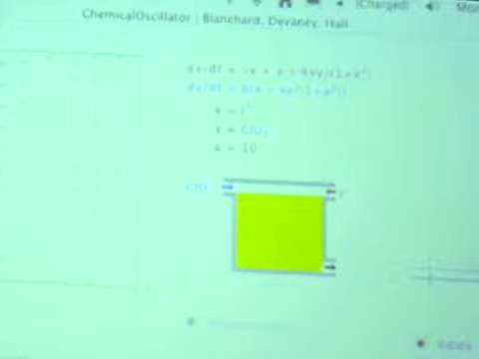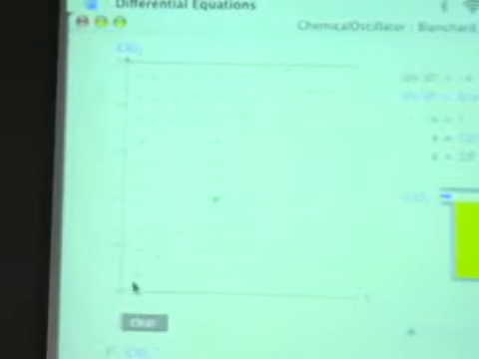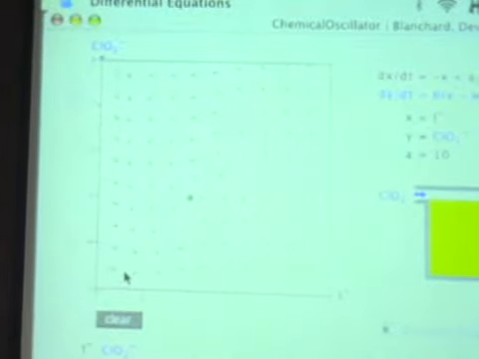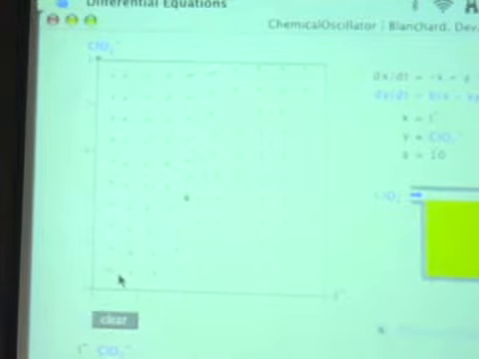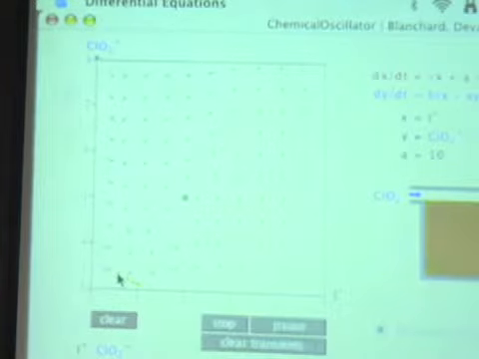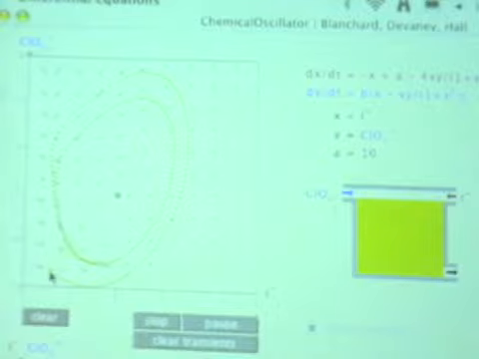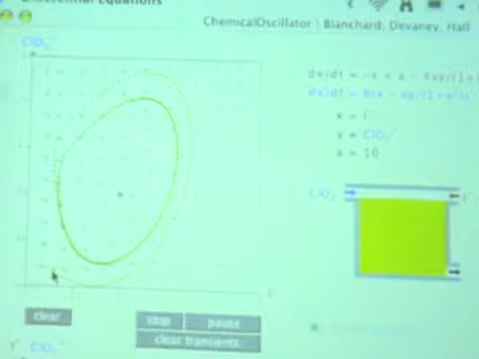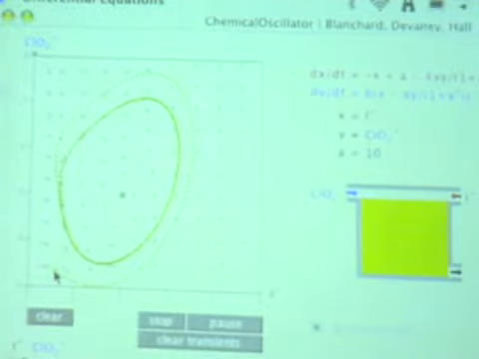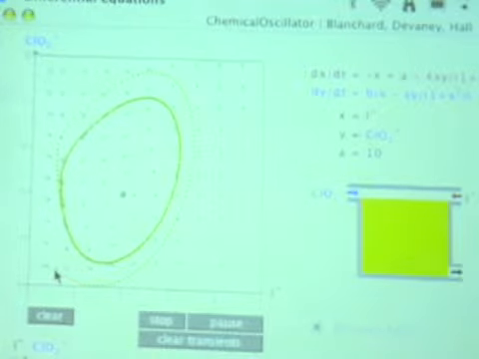I'm going to pick a point to start with in this phase plane. So I'm just going to randomly pick a point down here and click on it. Three things going on in this picture. Make sure we zoom out enough to see them all at the same time.